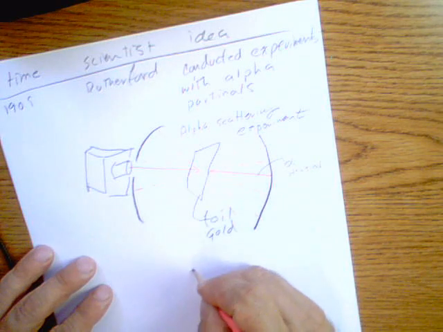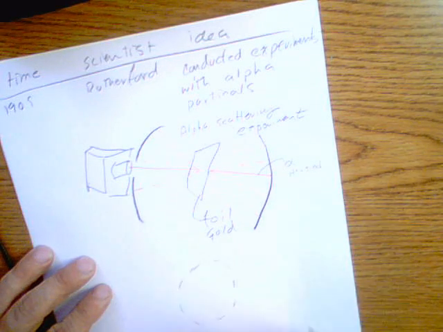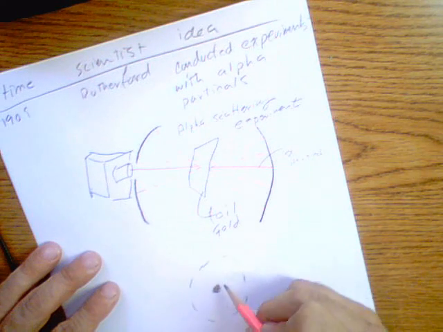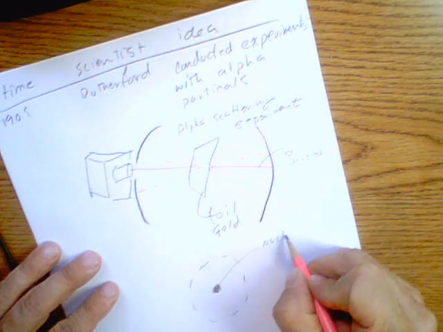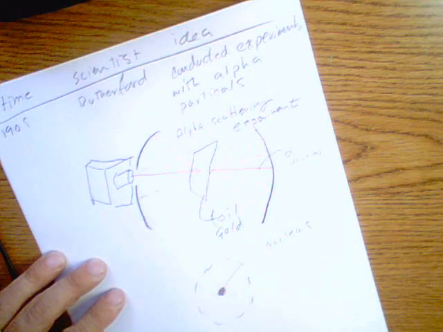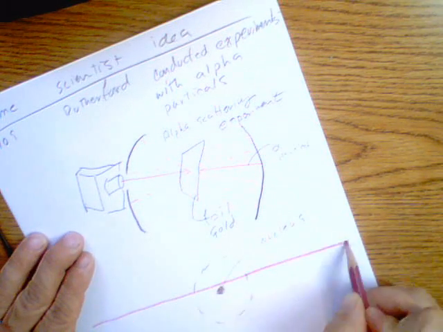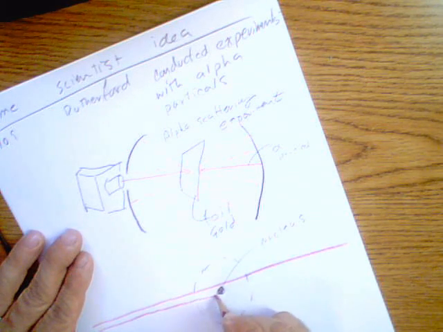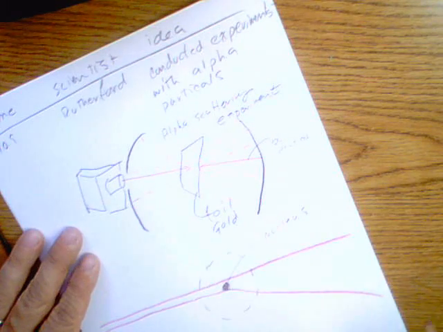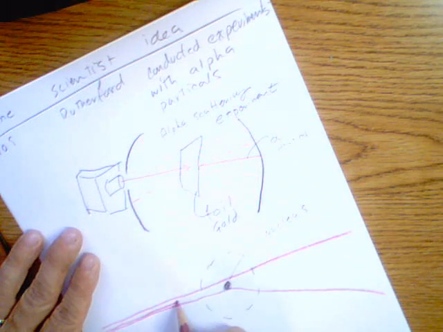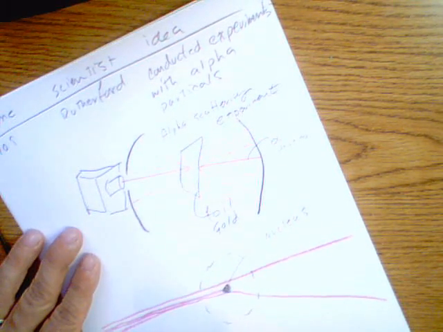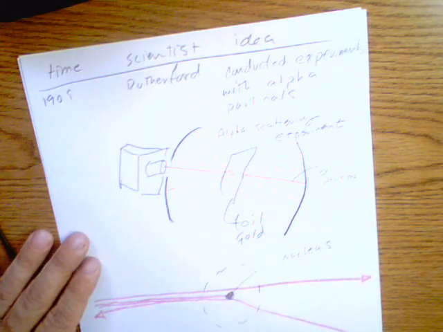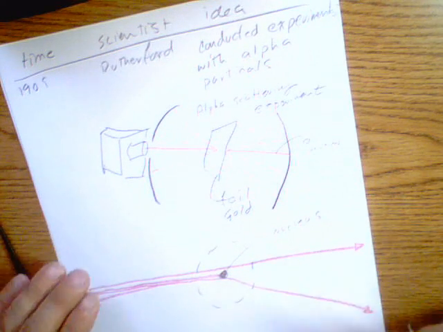And so, really, what was going on, today we know this, of course they didn't know this at the time, is that there was this dense core that we now call the nucleus, and these alpha particles were essentially just barely missing this nucleus, but every once in a while it would graze it and get deflected, but then it would hit it and come back, and that's when he discovered that there must be a nucleus.